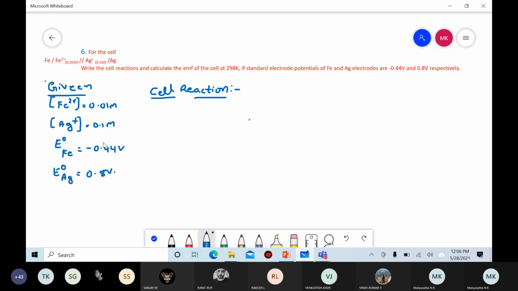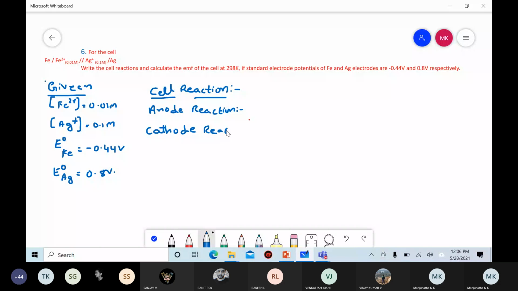Which one has low electrode potential? Iron. Therefore iron acts as anode. The remaining one, silver, acts as cathode.